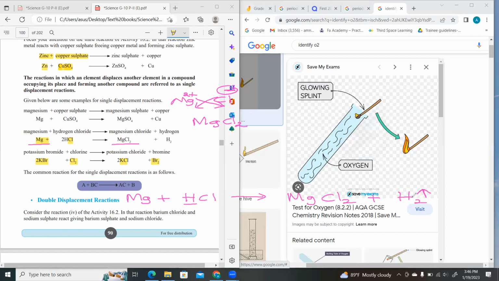Gas we can show with an arrow like this because it is being released, right? After deciding the products, then you have to start balancing. Here there are two chlorines, but here there is only one, so you can put 2 in front. Then hydrogen gas has 2 hydrogen, and here also 2 hydrogen, 1 Mg with 1 Mg. The reaction is balanced. That is how they have got this reaction.